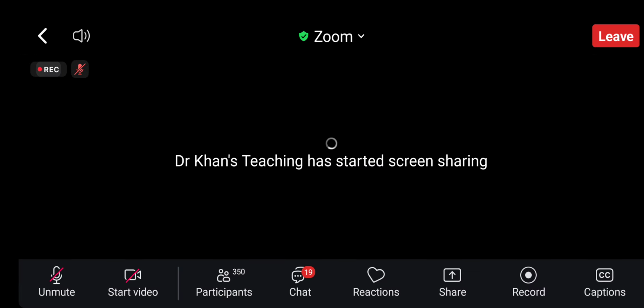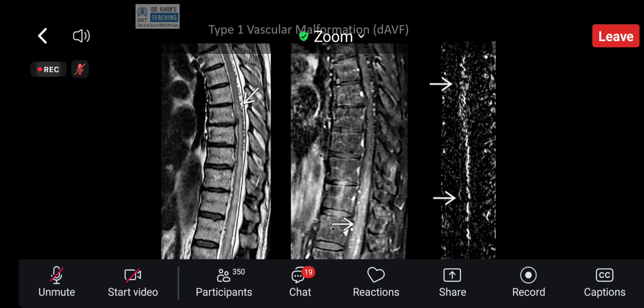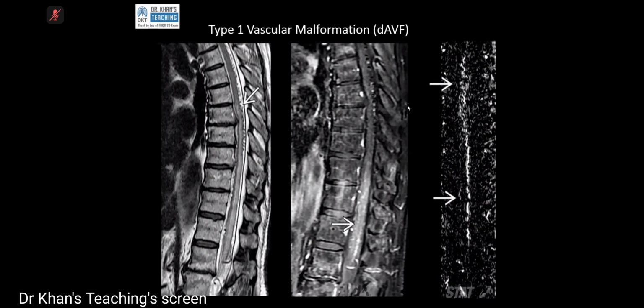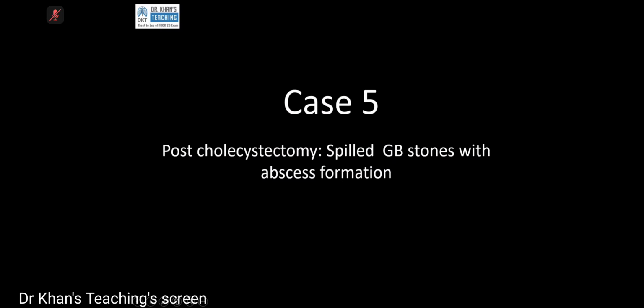So the candidate did mention two differentials, and the story means story. So this was post cholecystectomy about 1 month ago, spilled gallbladder stone with abscess formation. And I've seen cases of spilled gallbladder stones.